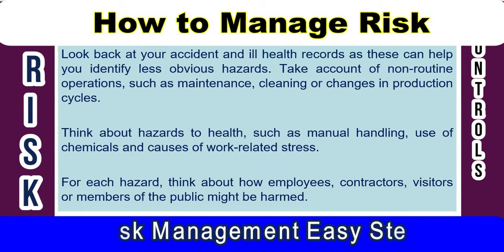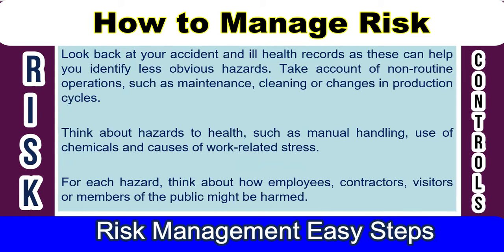Take account of non routine operations such as maintenance, cleaning, or changes in production cycles. Think about hazards to health such as manual handling, use of chemicals, and causes of work related stress. For each hazard, think about how employees, contractors, subcontractors, visitors, or members of the public might be harmed or affected.